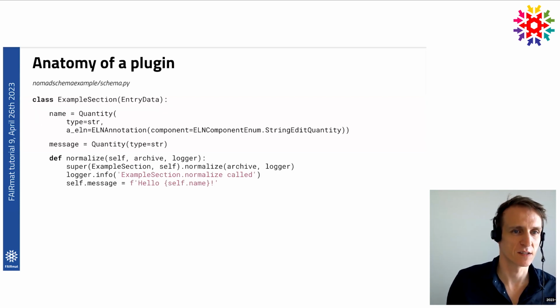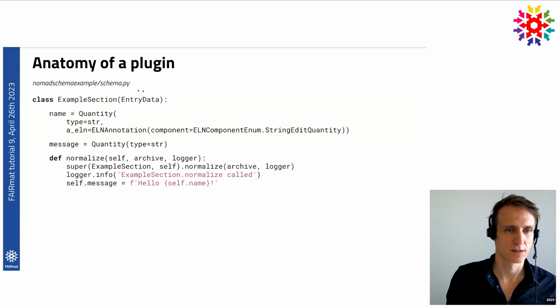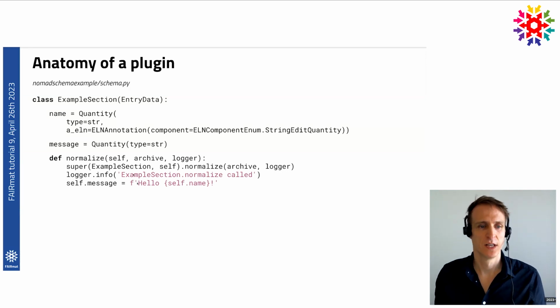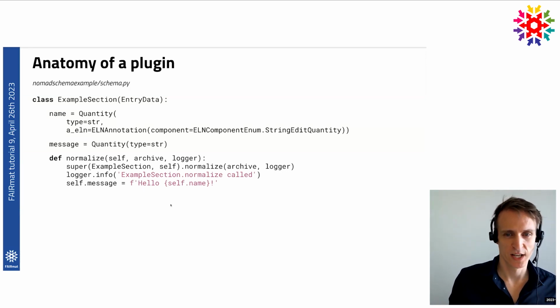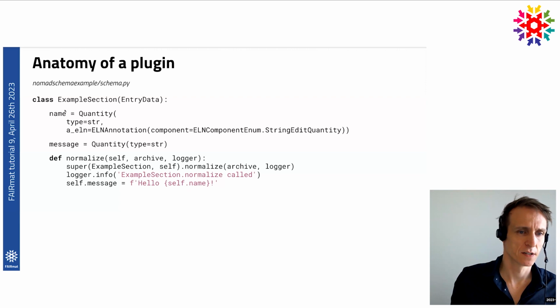So this is then the plugin code. Here is the schema.py file. And here in our very small Hello World example, there isn't much in there. We basically just create one section. We define two quantities. The quantities are of type string. So there's a name quantity and there's a message quantity. They're both strings. The name quantity has this annotation added to it, right?